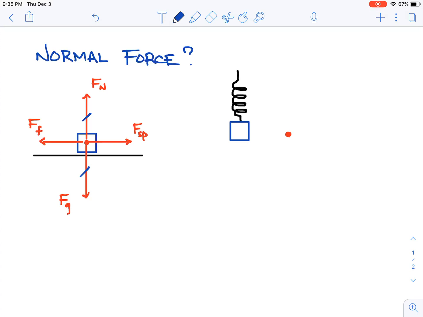It's not moving vertically. So if we can somehow figure out the weight of this shoe, Fg, remember that's weight, we then would be able to solve for the normal force by just setting up the sum of the forces in the y component equals 0, and again, writing down Fg plus Fn equals 0.